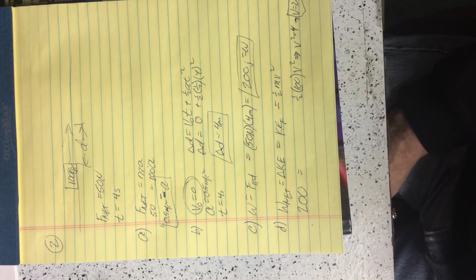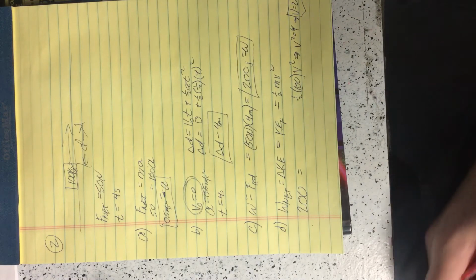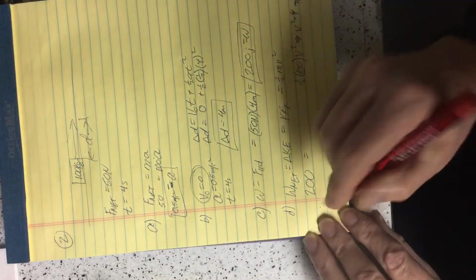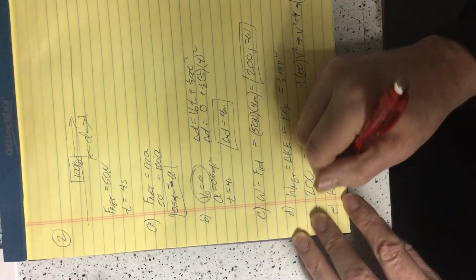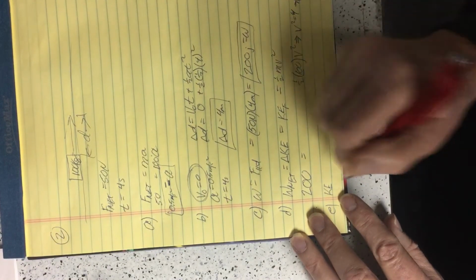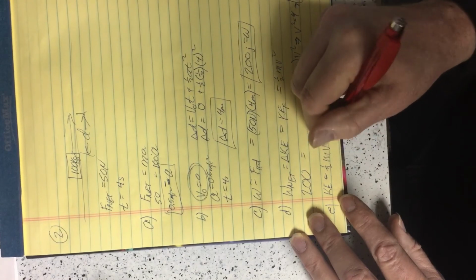Okay, and then finally, part E. What is the kinetic energy of the crate at this time? Well, we already know what the kinetic energy of the crate is, but we'll do it anyway. So E, the kinetic energy of the crate at this time when it's moving at 2 meters per second, is equal to 1/2 mv squared.